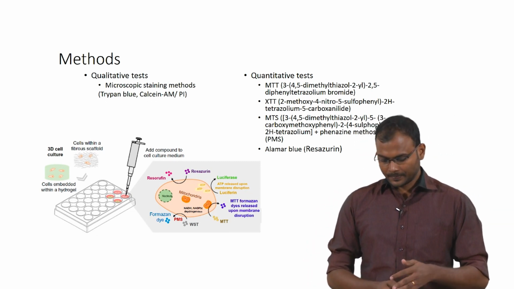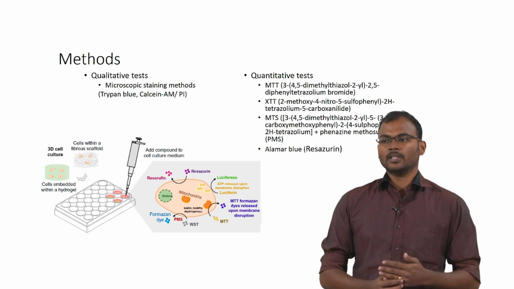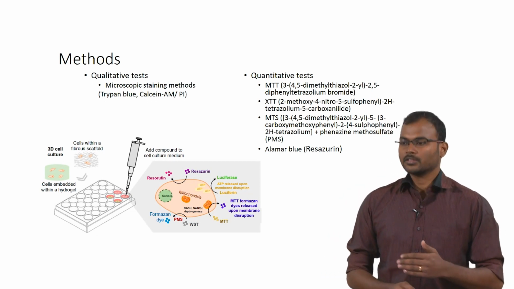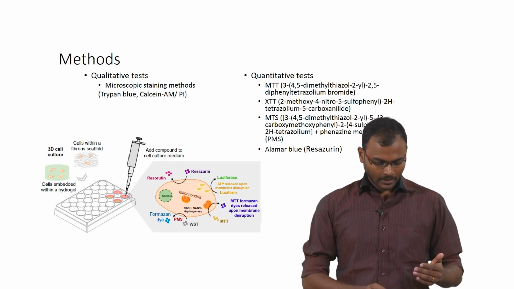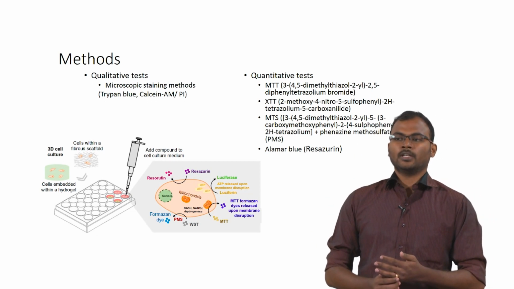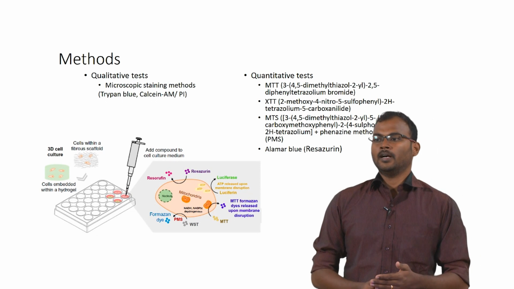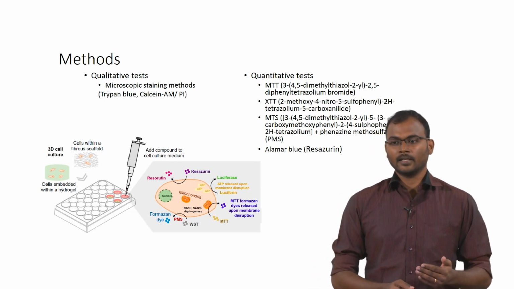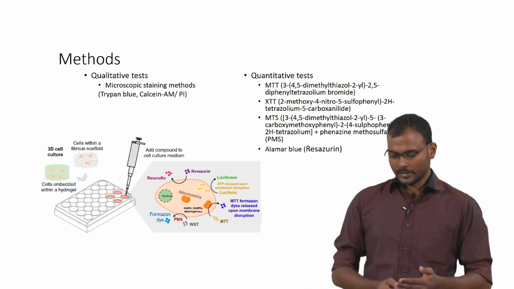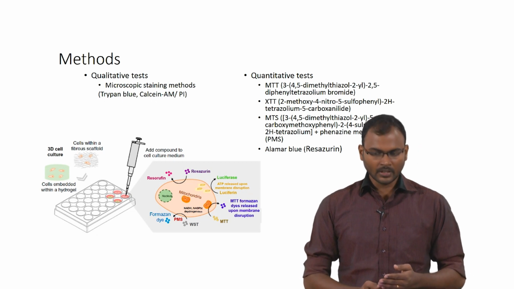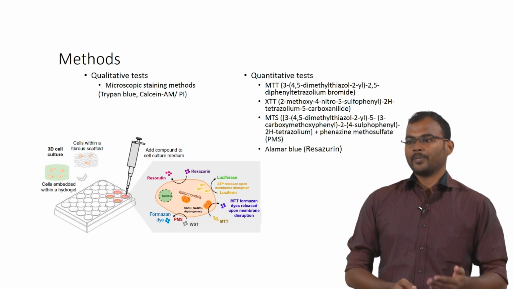Next to that is the Alamar blue assay, which involves a resazurin dye. This dye involves a cytoplasmic redox reaction. It goes into the cells, and due to the redox reaction it converts into resorufin, which gives a pink color.